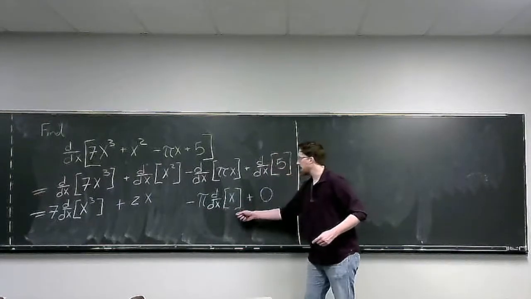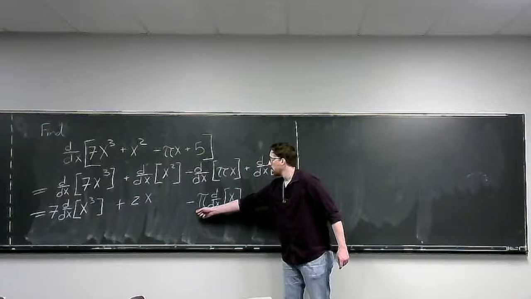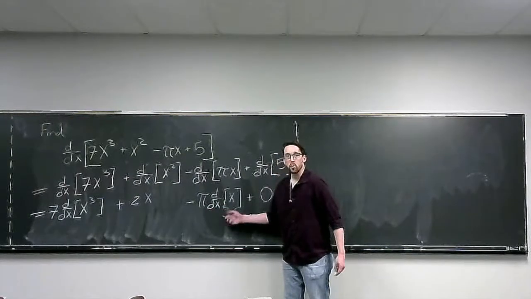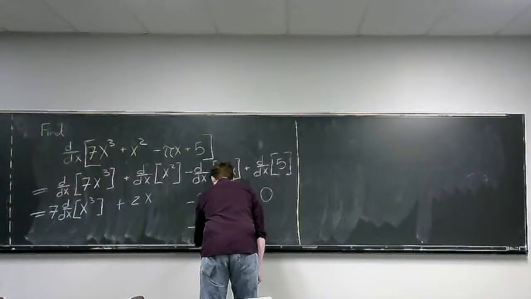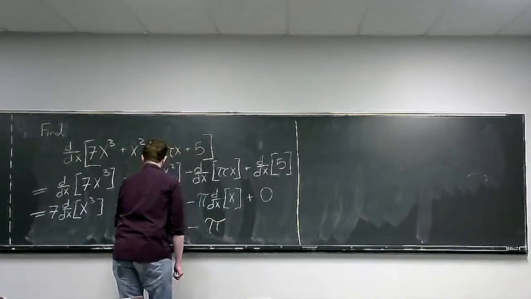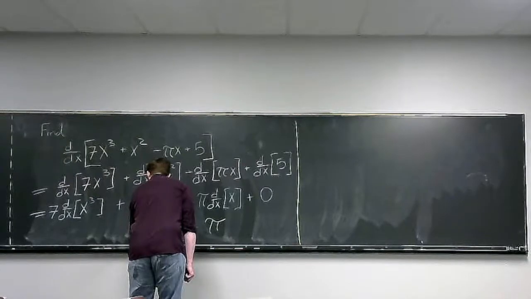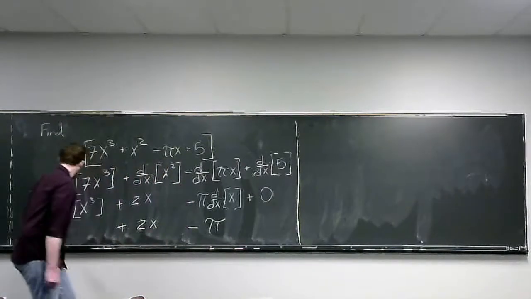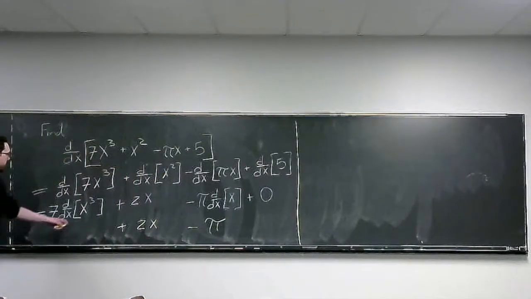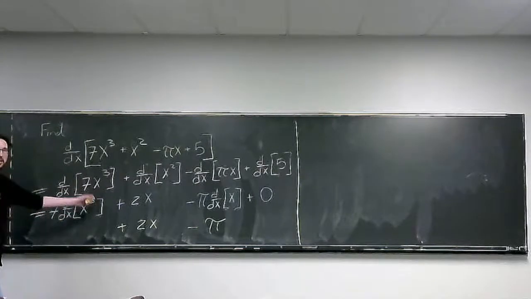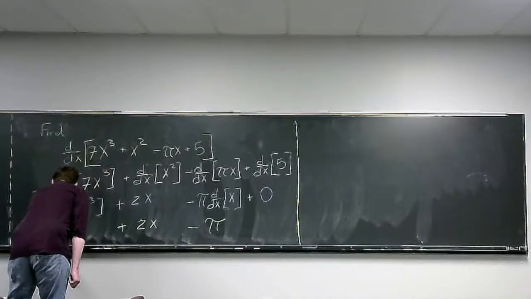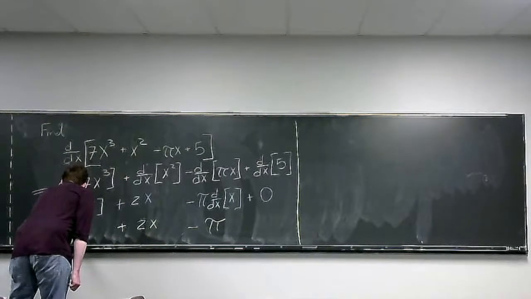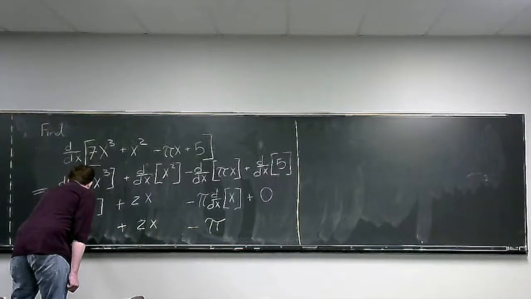So all that's going to come out to be pi times 1, or just pi, to x, and then this is going to be 7 times whatever this derivative is here. Well, this derivative here is going to come out to be 3x squared, right?